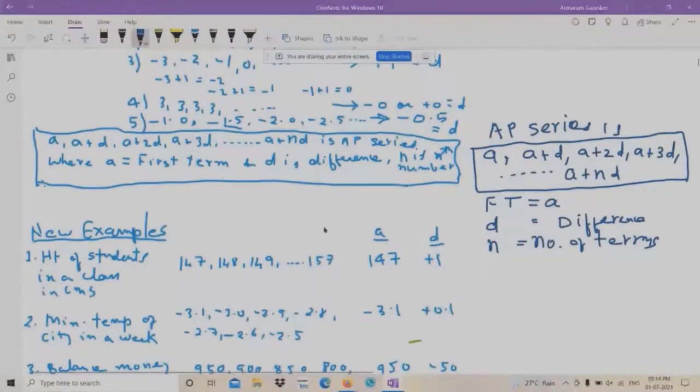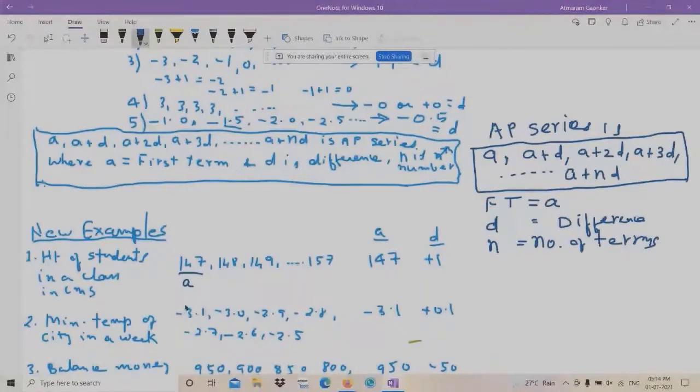Now you have to tell me from this series what is A and what is D. For example, the height of students in a classroom is given like this. So here A is the first term and D is the difference between the two. 148 minus 147, that is 1. Now this is the minimum temperature of a city in a week.